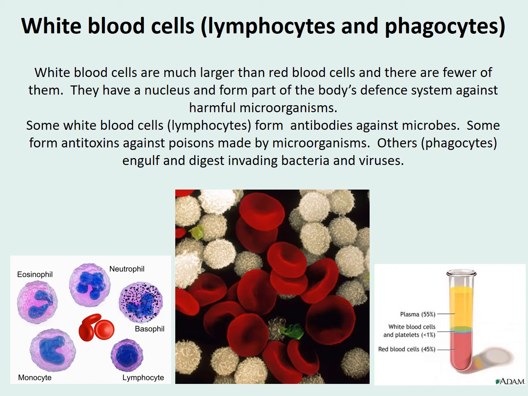But because some organisms change quite a lot, the antibodies don't work anymore, which is why we keep getting things like colds and the flu, which are also types of coronaviruses. So if you could pause the video, have a read through, fill your table in to make sure that you've got everything about white blood cells, and then we'll move on to the last part, which are platelets.